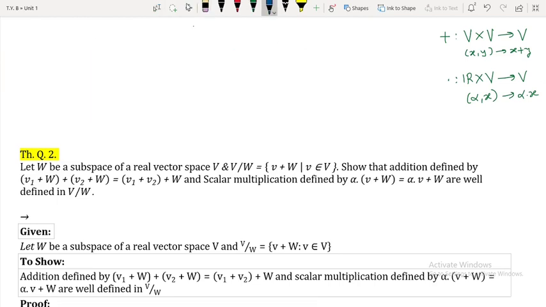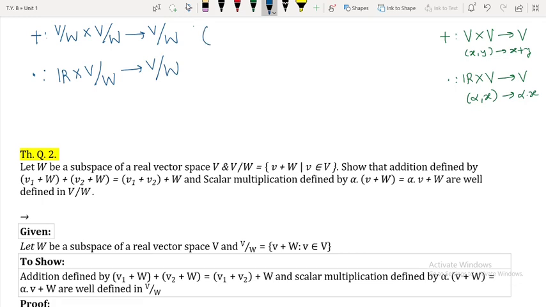Here, addition is defined from V mod W cross V mod W to V mod W, and scalar multiplication is defined from R cross V mod W to V mod W. How have they defined it?